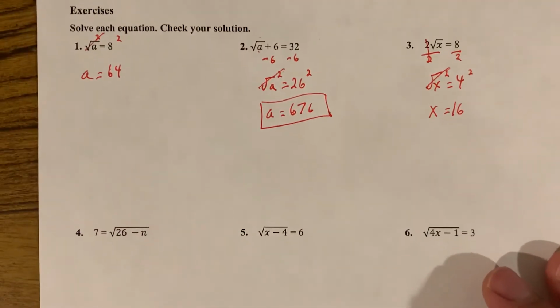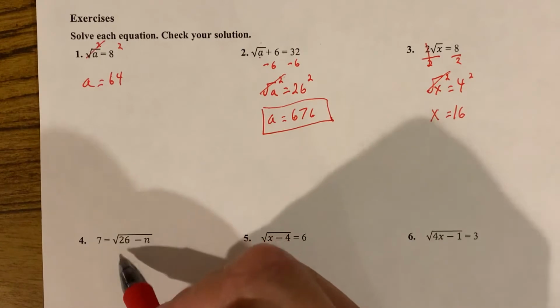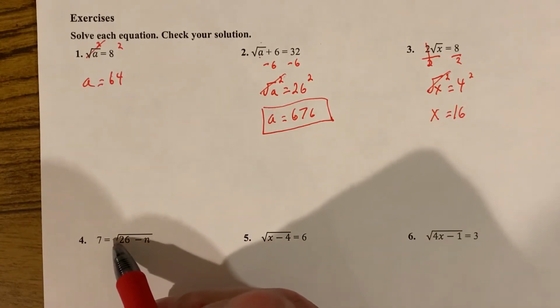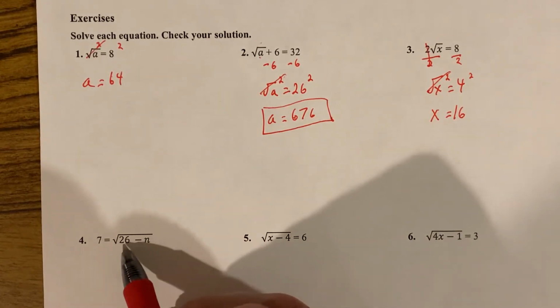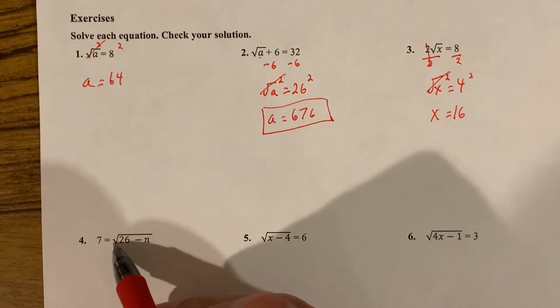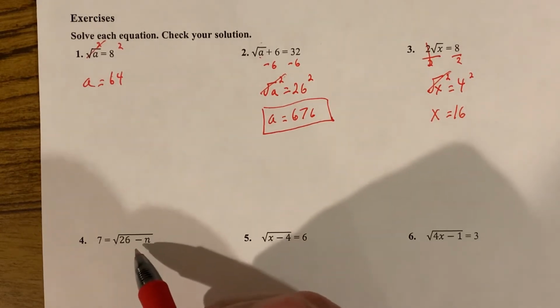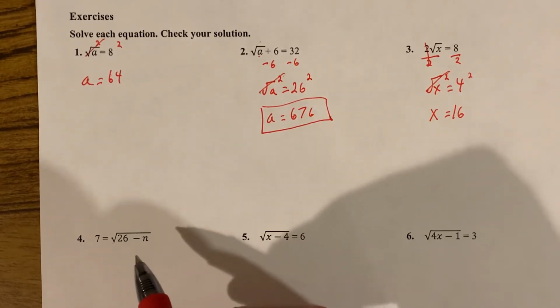Number 4, we switched it up. We put the radical on the right side. It's the same thing. Where this one might trick some of you is here we have the square root of 26 minus n. Here, the radical is already by itself. There's other stuff underneath of it, but the radical is by itself.